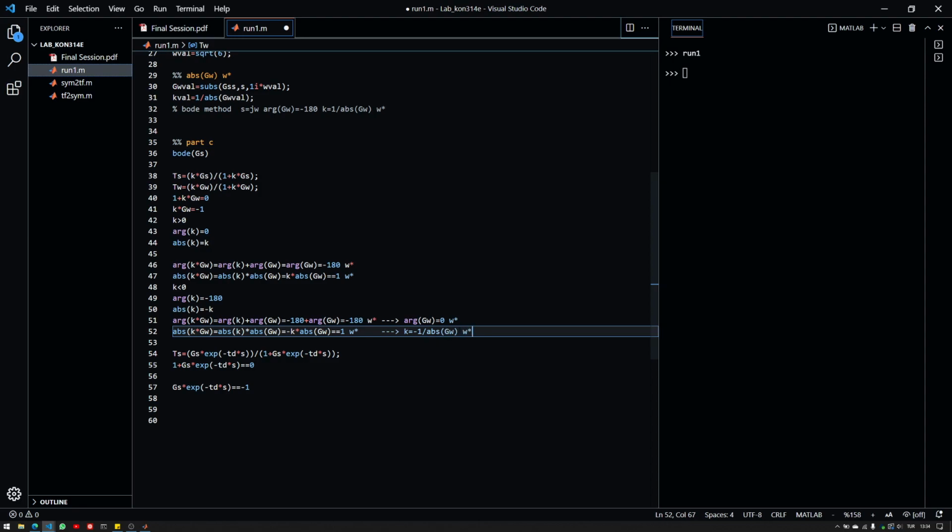So therefore we have directly a negative value, which should be the case because k was already negative. So therefore we used the Bode plot for the positive k stability bound. We used minus 180 degrees, read the omega star, and then used omega star for the absolute value here. And the same goes for the negative one.